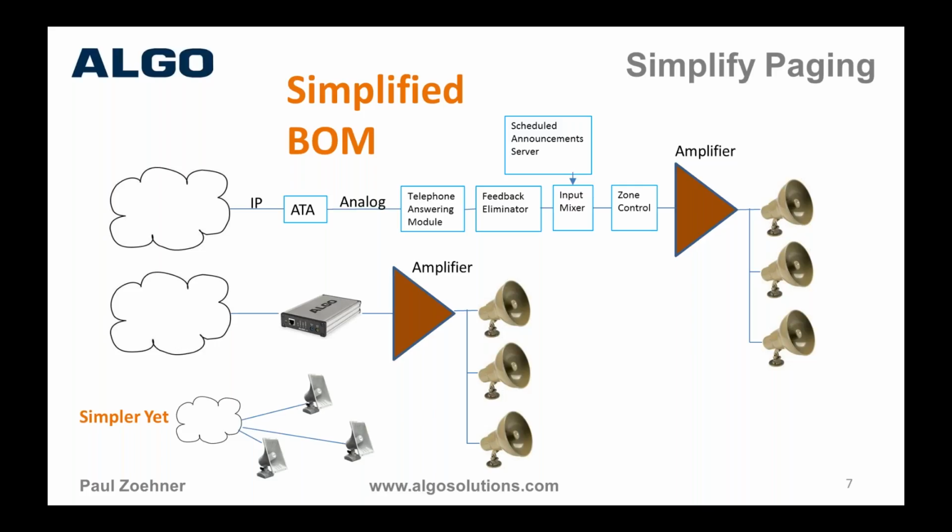And what this customer decided to do in this case was replace all of those things that you see on that top line with the Algo 8301. All of those features that you see there in those boxes are included in the 8301, so a very powerful interface, much simpler for this customer, and they actually had 9 or 10 amplifiers, so we put one of these units in front of each one to tie them together.